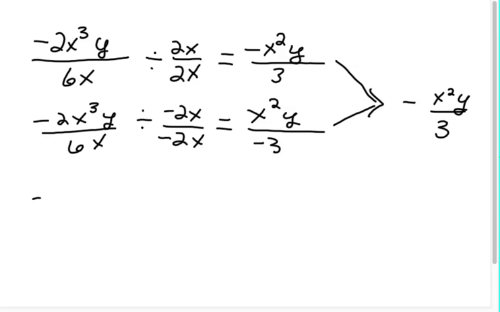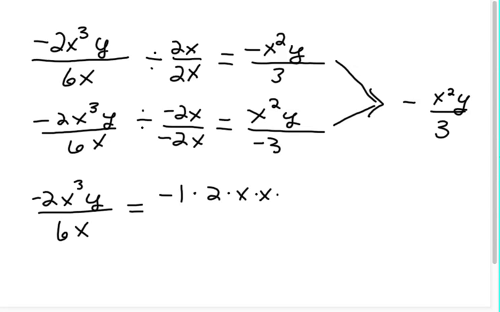So I would say negative 2x cubed y over 6x equals a negative 1 times 2 times x times x times x times y, and that 6x equals 2 times 3 times x.